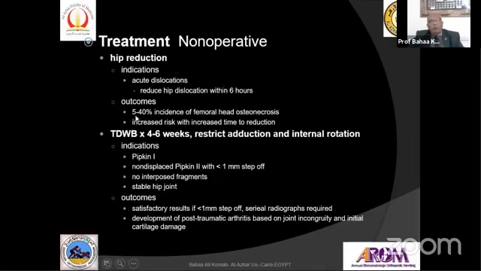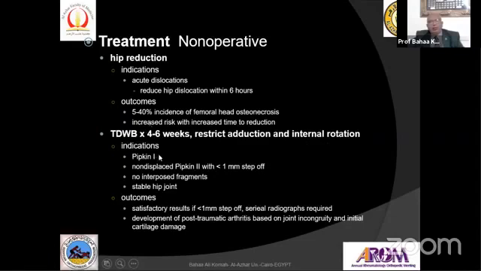There is a 5 to 40% incidence of femoral head osteonecrosis, with the risk increasing with increasing time to reduction. After reduction, if you are going for non-operative treatment, go for partial weight bearing for 4 to 6 weeks, restricting abduction and internal rotation.